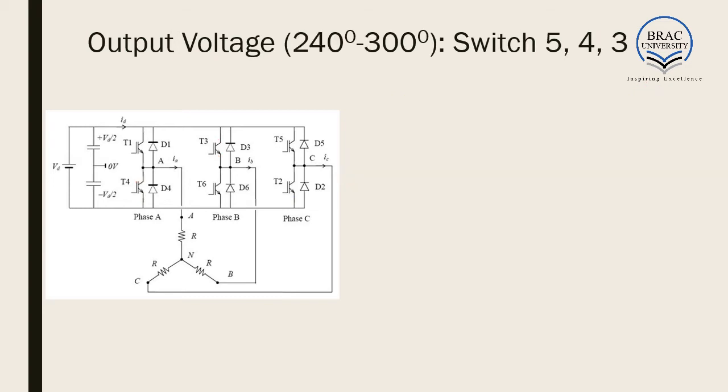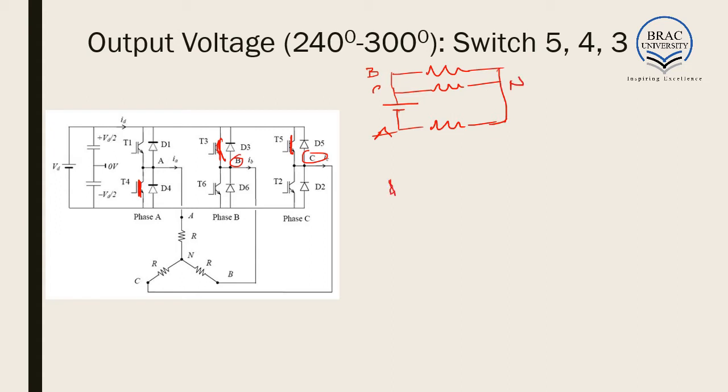For the next 60 degrees, switches 5, 4 and 3 are on. We have switch 5 here, switch 4 here and switch 3 here. So with the positive we have phase B and C connected, and with the negative we have only phase A connected. If we draw the equivalent circuit, with positive we have phase B, we have phase C, and with negative we have phase A, and all of them are connected to the neutral.